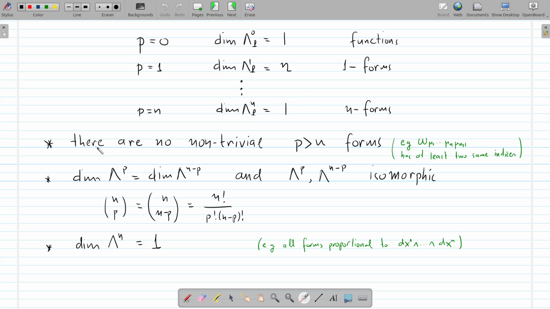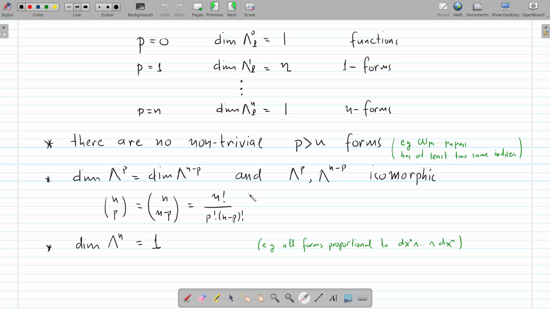So notice that there are no non-trivial p-forms with p larger than n, because if we form an object that has, let's say, n plus 1 indices that take n values, then at least 2 of those have the same value. So this cannot happen if this object is completely antisymmetric, except if it is 0.